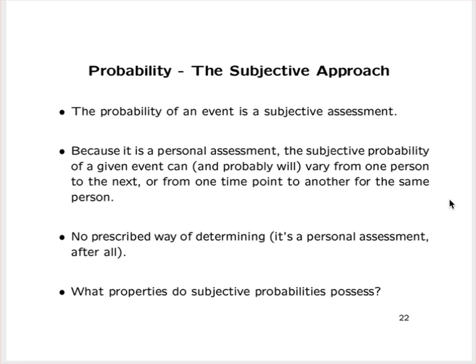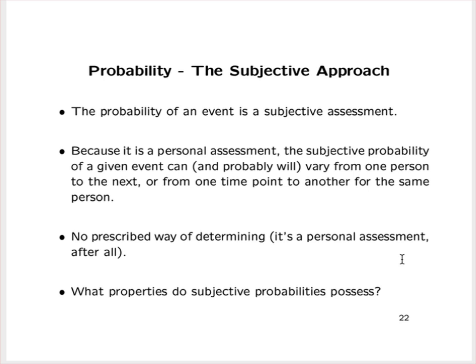Even in a given situation, we might be talking about the probability that LSU wins the next upcoming football game, and two different people might have very different subjective assessments about the likelihood of that occurrence. So the point is that subjective probabilities can vary from one person to another, and even within the same person, they can vary from one time point to the next.